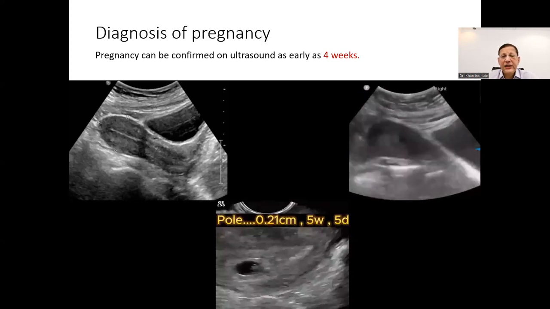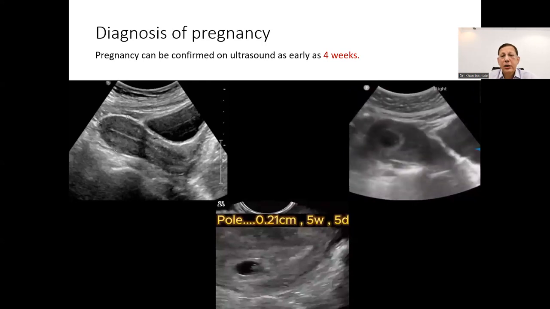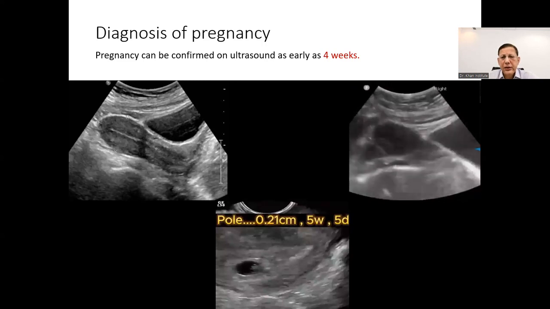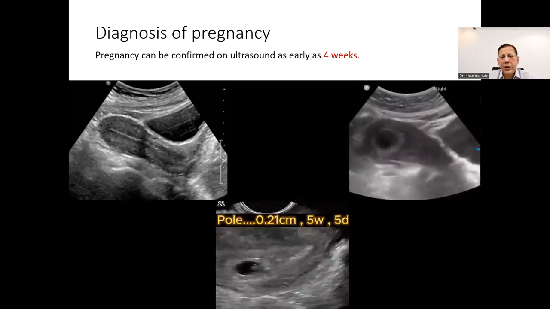But once the pregnancy is confirmed, the doctor or healthcare personnel or gynecologist wants to know, okay, pregnancy is there, but is the embryo there, meaning is the fetus there, number one.